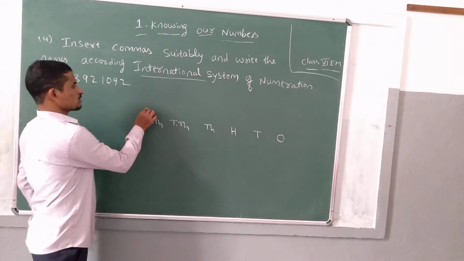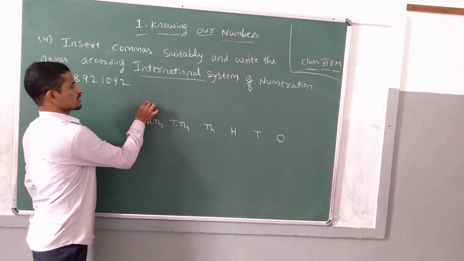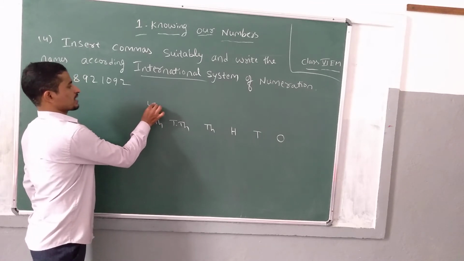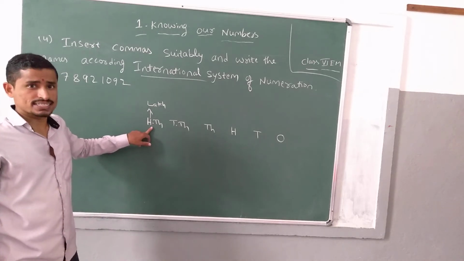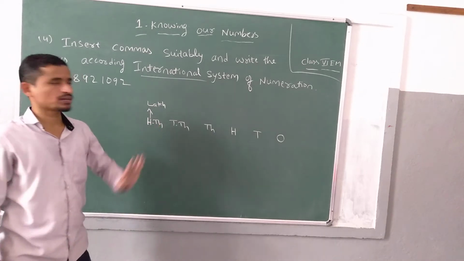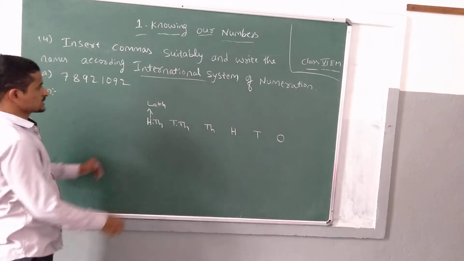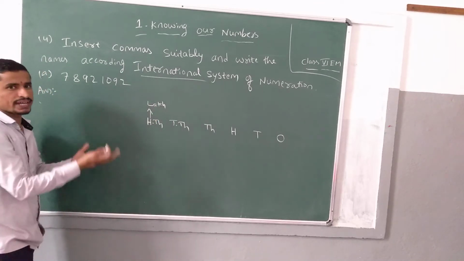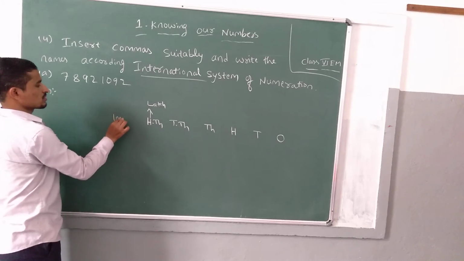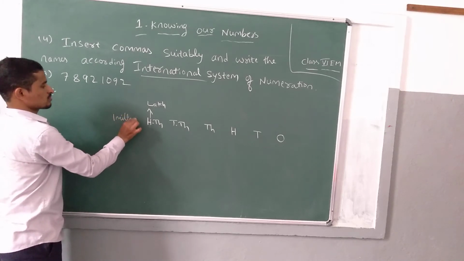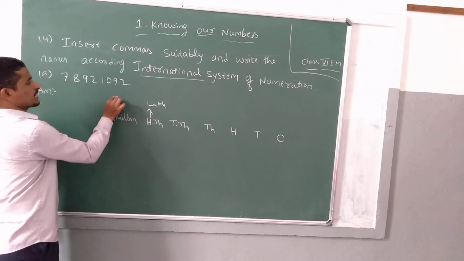Okay, so in Indian system this considered as lakh. But in international system you have to consider as 100,000. Okay, next lakh, after what will come? 10 lakh. 10 lakh you have to take as 1 million. Very simple. So in here 10 lakh.